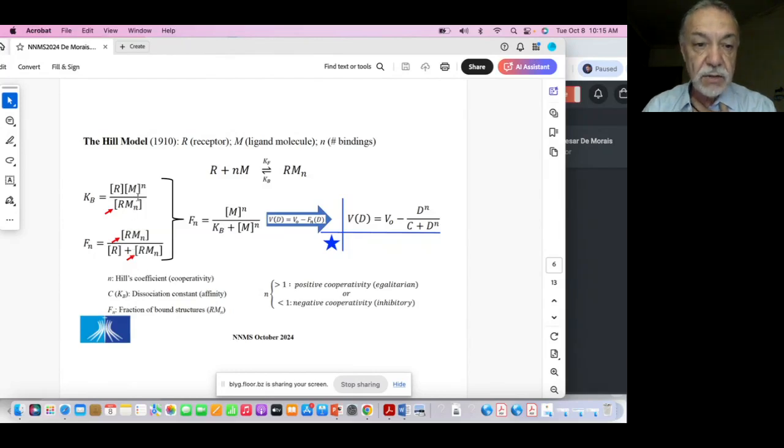So this is the fraction. Of course, I can combine these two equations. I can extract the concentration of the complex in the first equation and replace it in the second equation. And then I can describe the fraction in terms of the concentration of the ligand molecule.